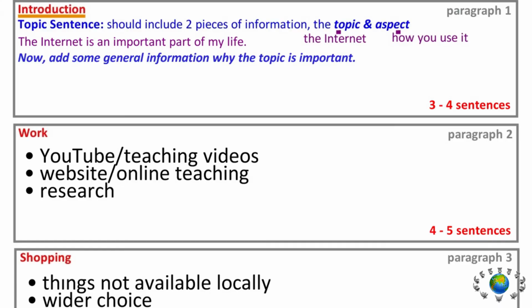We don't want to start with too many details, because the details, for instance, today, work and shopping, well, we already have a place. We have our 2nd and 3rd paragraph. We don't want to start to use this information in the introduction. So we want some general information. Why is the topic important?